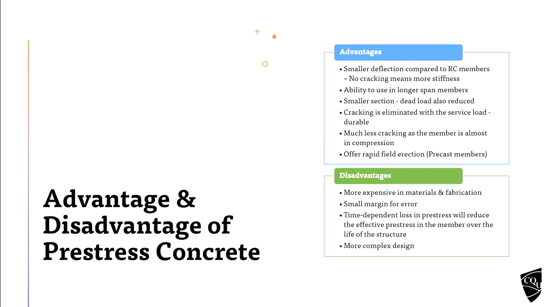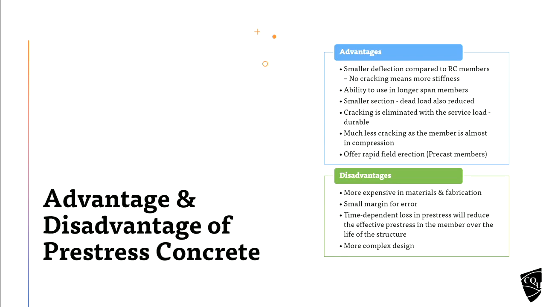If you compare the cracked section and uncracked section under serviceability, we discussed those things. If you calculate the I value, second moment of area, for uncracked section and the cracked section, which one is larger? The uncracked section will get larger I value, or larger second moment of area.